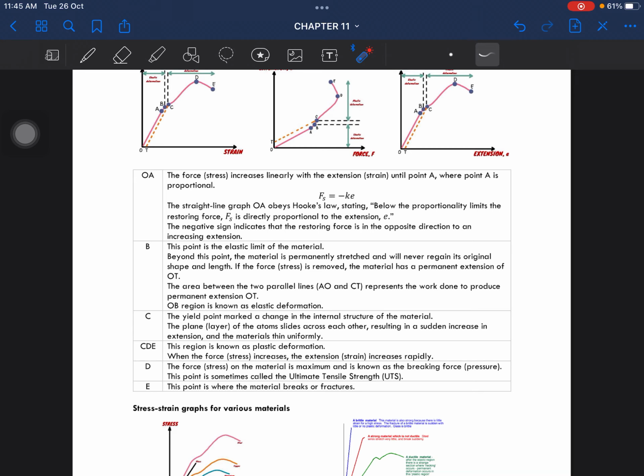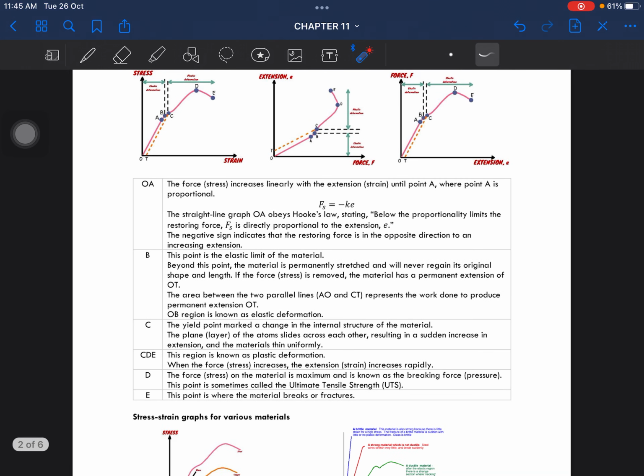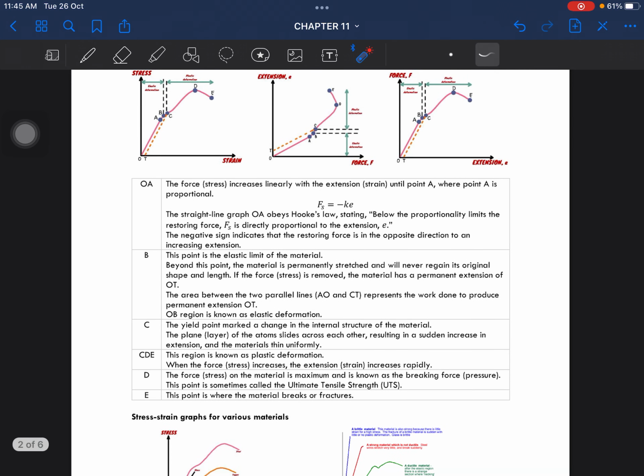If the force is removed, the material will have a permanent extension OT, the strain part. The area between the two parallel lines, AO and CT, represents the work done to produce a permanent extension OT.